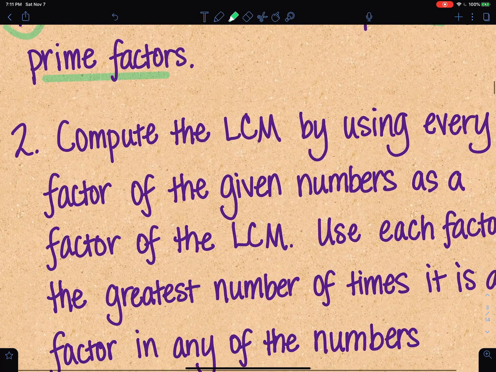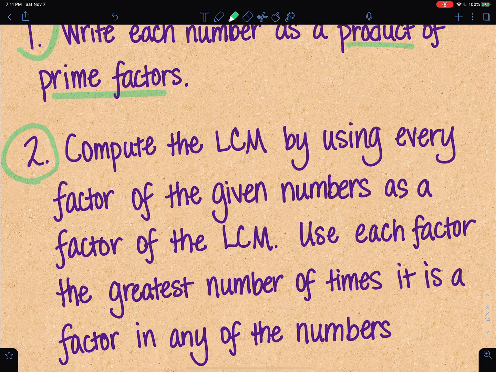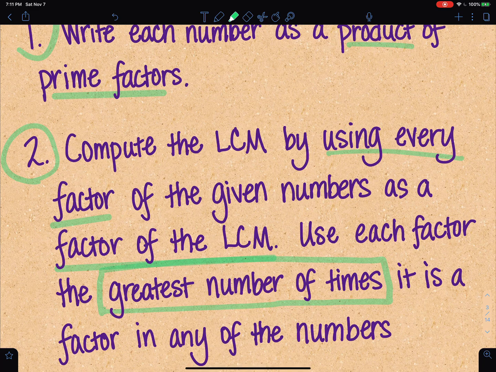Step number 2, compute the LCM by using every factor of the given numbers as a factor of the LCM. Use each factor the greatest number of times. This is important because sometimes people don't realize that they need to use each factor the greatest number of times it is a factor in any of the numbers.